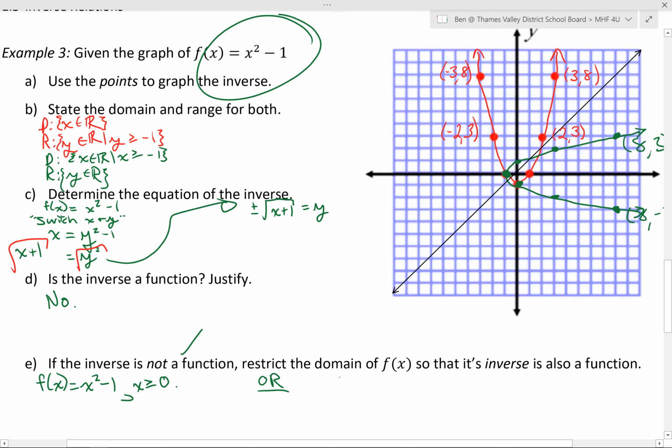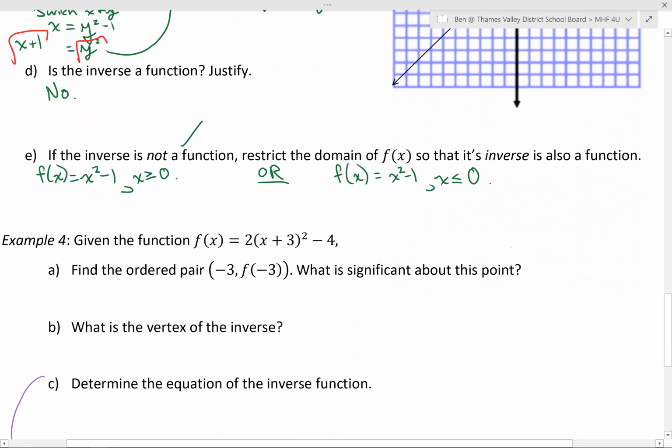The other possible solution is to restrict the domain in the other way and include only the other arm, in which case we'd be working with f at x equals x squared minus 1, where x must be less than or equal to 0. Either way, we're left with only one arm of the original function. If there's only one arm of the original function, then its inverse function will also have only one arm.